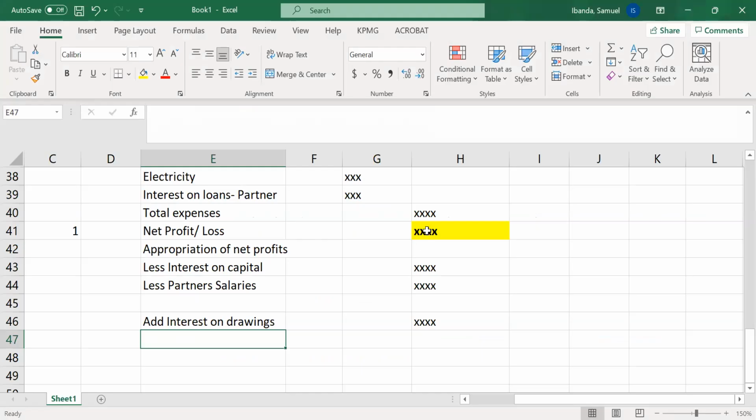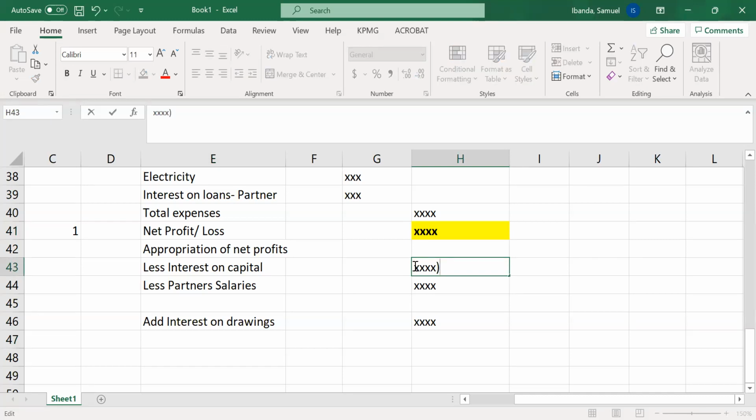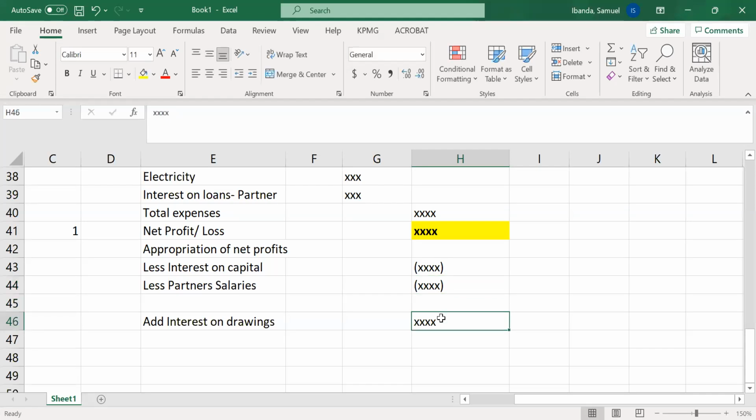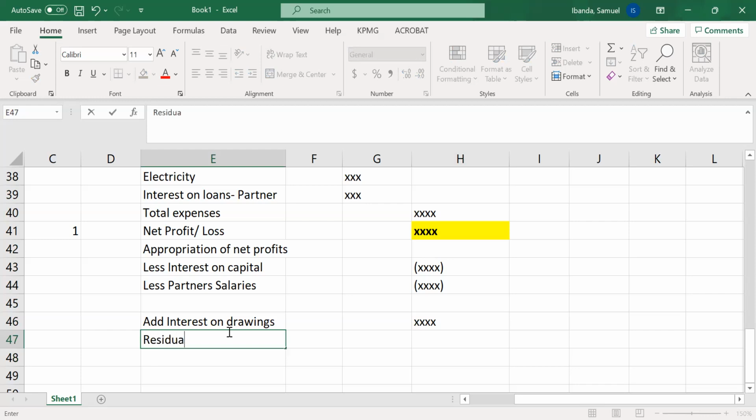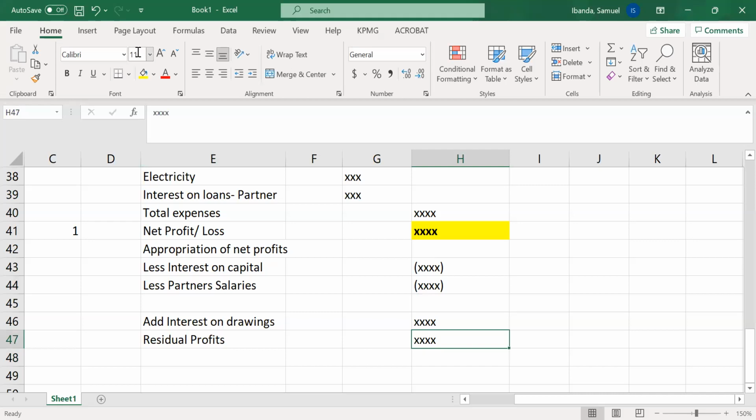After you have gotten this net profit, less your so-called interest on capital, less your so-called partner salaries, and add back interest on drawings, this gives you what we call residual profits. It can also be losses, but it basically gives you your residual profits. Now, these residual profits are the ones that we are going to share.